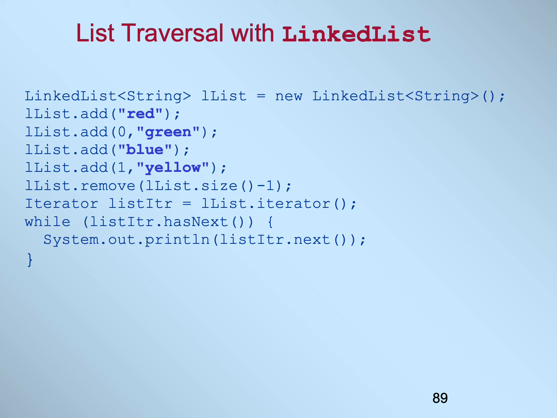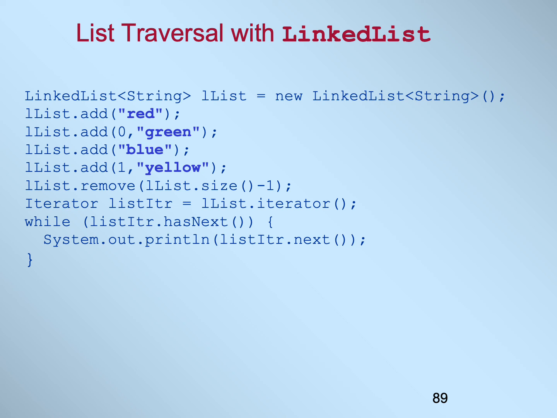In the next line, we have list.remove(list.size() - 1). So currently, what do you think the size of this list is? We know that we have index up until number 3 because index 0 is green, index 1 is yellow, index 2 is red, and index 3 is blue. So the size of it would be 4 because that includes the value 0.